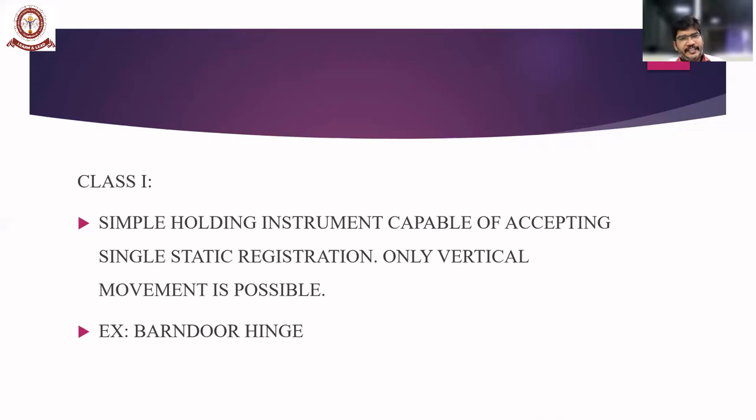The class 1 articulators are simple holding instruments capable of accepting a single static registration. Only vertical movement is possible. Example, a barn door hinge articulator. Imagine your door opening and closing, just a hinge movement. There is one simple movement, open and close.